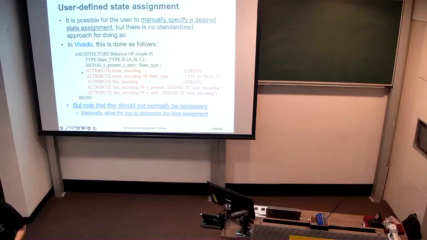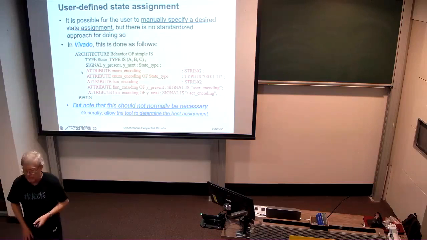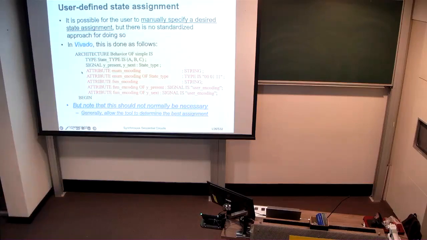Sorry? It's faster to read the one-hot state the machine is in rather than decode the binary back. That's right. You don't have to have this decoding logic to figure out how you should be mapping from a particular state to particular state variables.